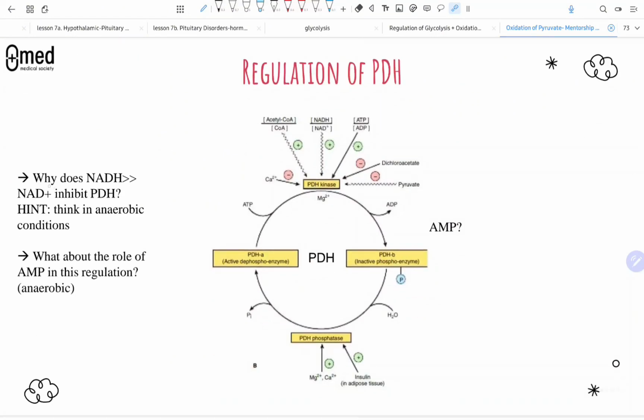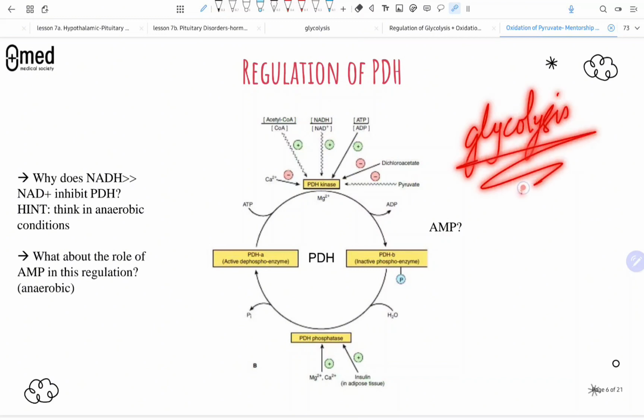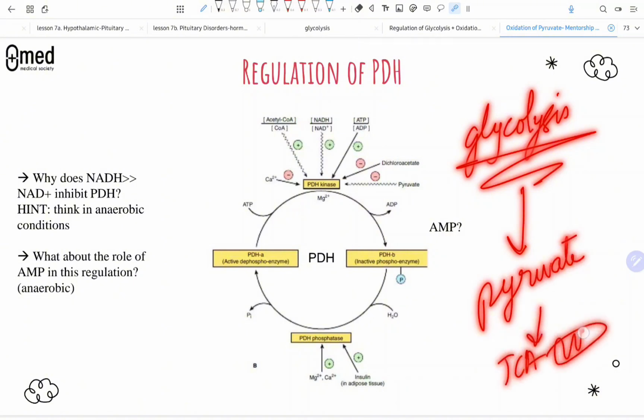Okay, now why does NADH, NAD plus inhibit PDH? Hint, think in anaerobic conditions. In anaerobic conditions, as we remember, glycolysis does not need oxygen to work, right? But after glycolysis, we have pyruvate. And if pyruvate wants to enter the citric acid cycle and into the mitochondria to have the ETS to generate ATP, here we need oxygen.